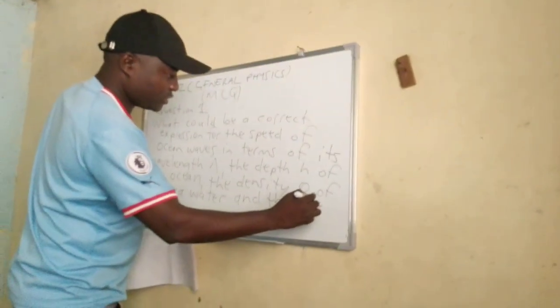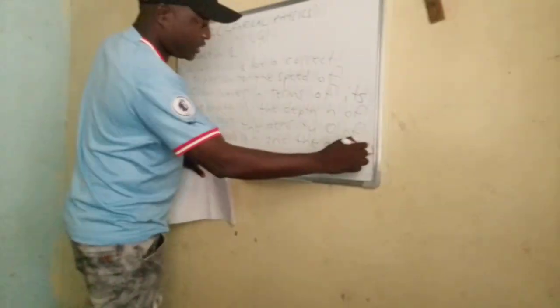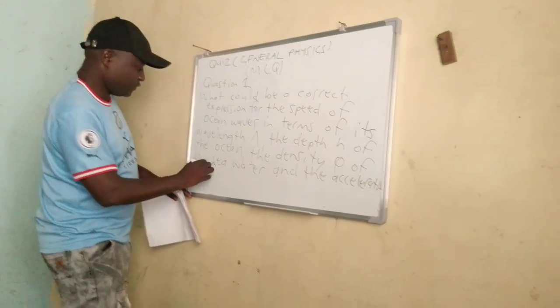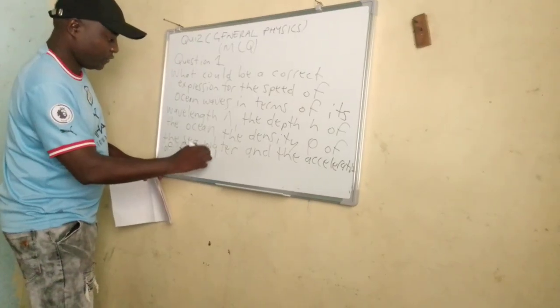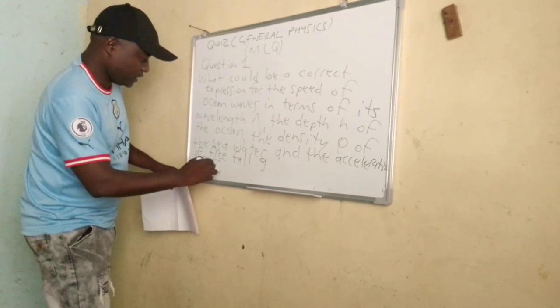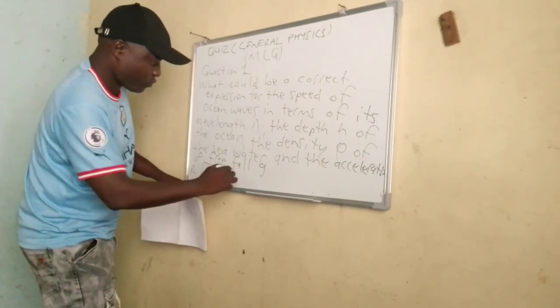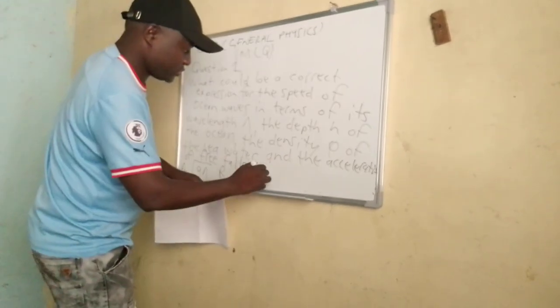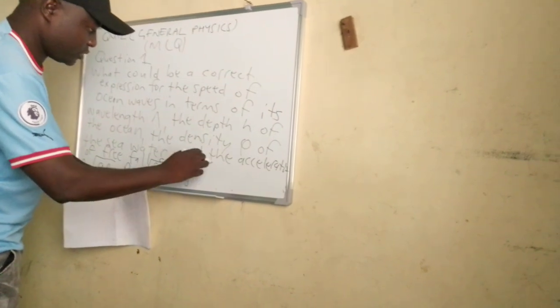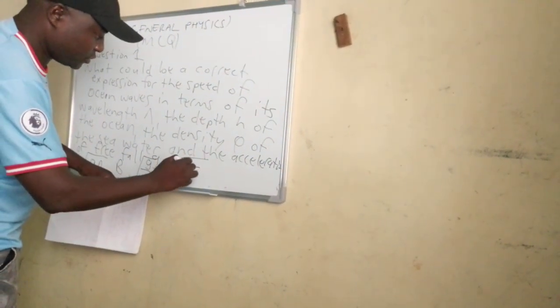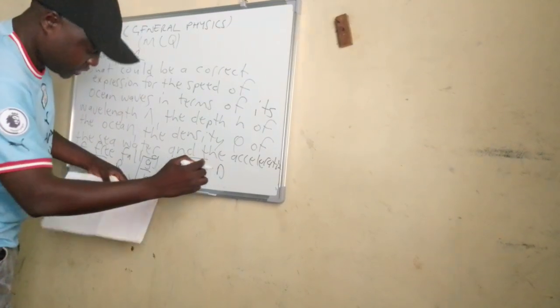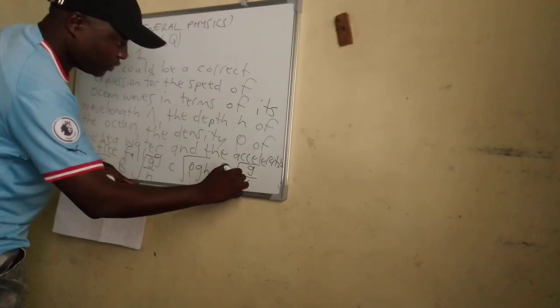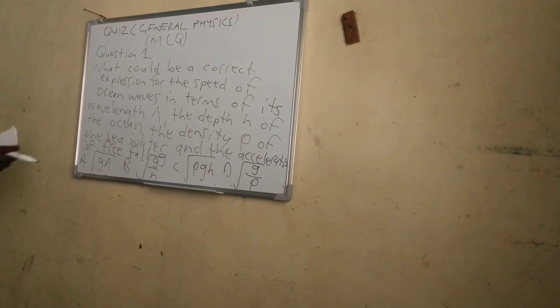A, square root of g lambda. B, g over h. C, rho g h. D, g over rho. So select the answer which you think is correct.